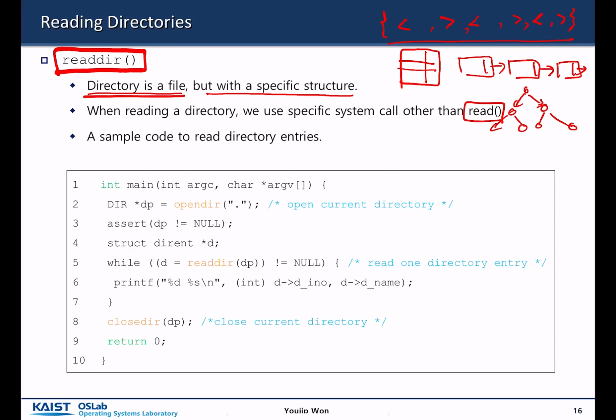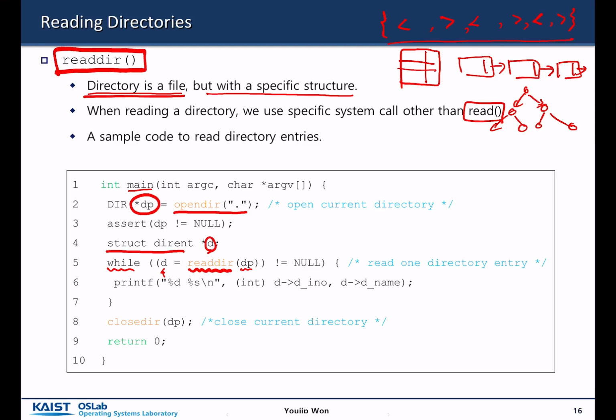This is the main function, and we open the current directory, and assign it to dp. Then within the while loop, we read each entry from the directory pointer and save it to d, and d is a pointer to the directory entry.